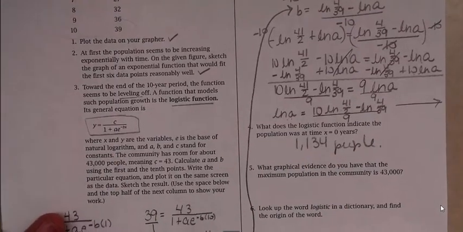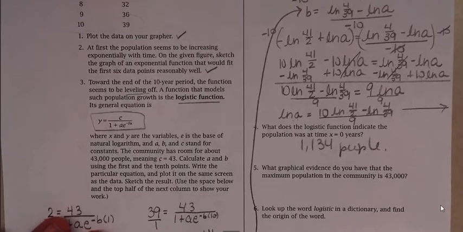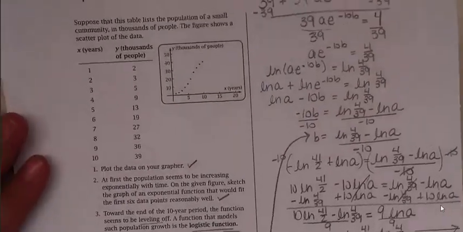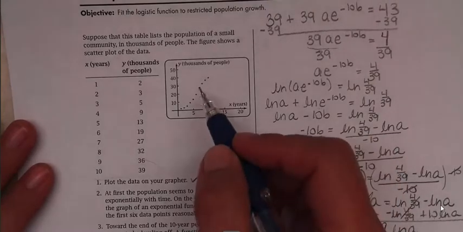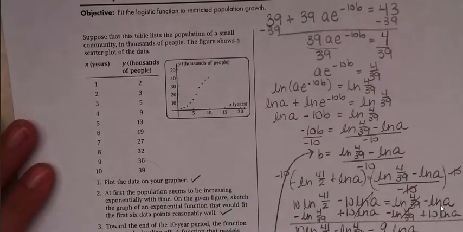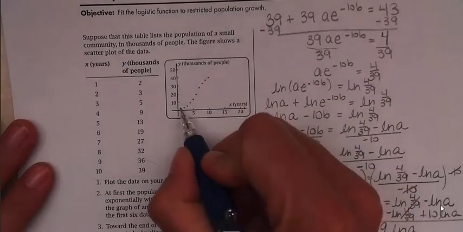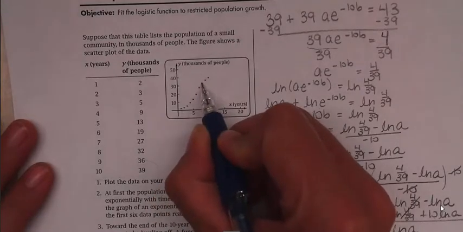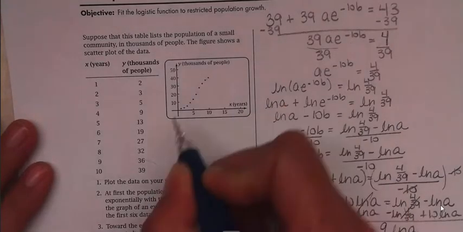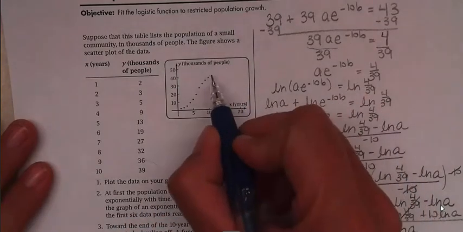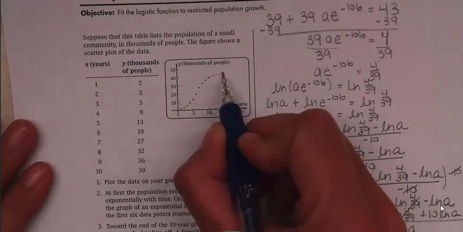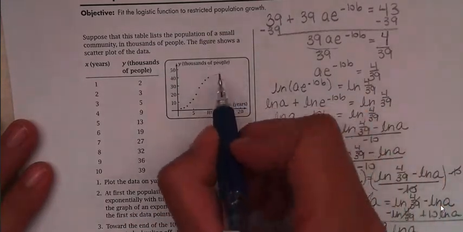So number 5, what graphical evidence do you have that the maximum population in the community is 43,000? Well, we could look at this graph, and we can also look at the one on our calculator. You should notice that this thing starts to level off. At year 10, I'm at 39,000, and it keeps growing, but not very fast.